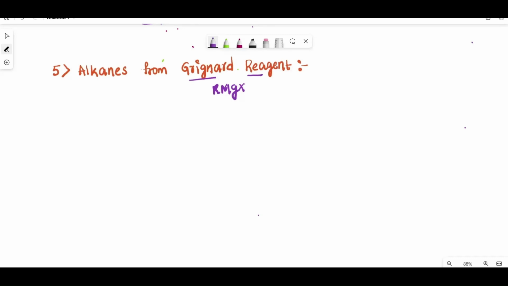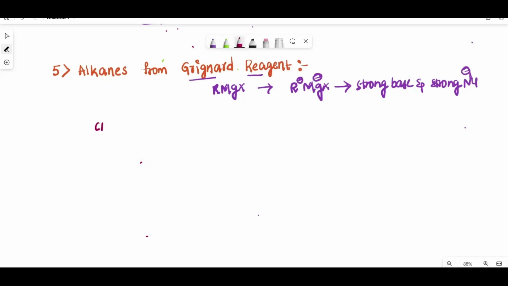You can write this as R minus MgX plus. This Grignard reagent is a strong base as well as a strong nucleophile. If we have any acidic hydrogen in the compound, then it will abstract that acidic hydrogen in order to get that alkane.